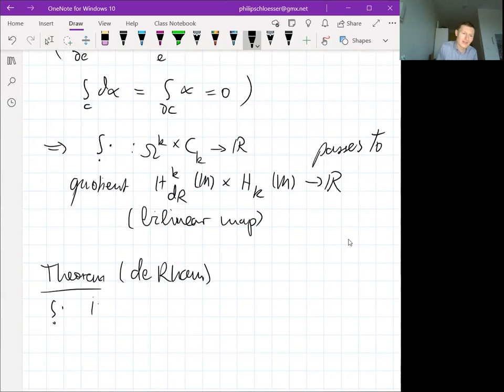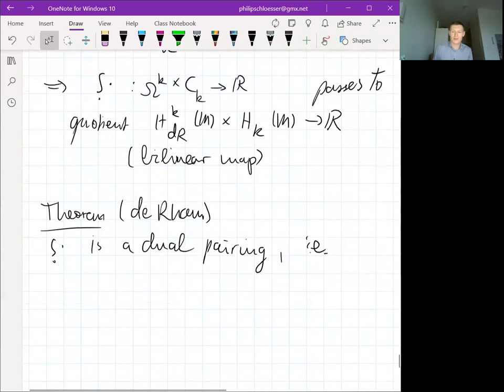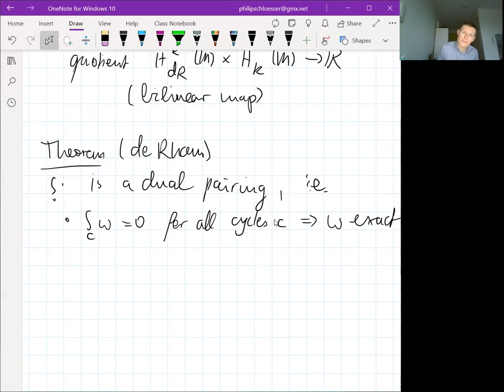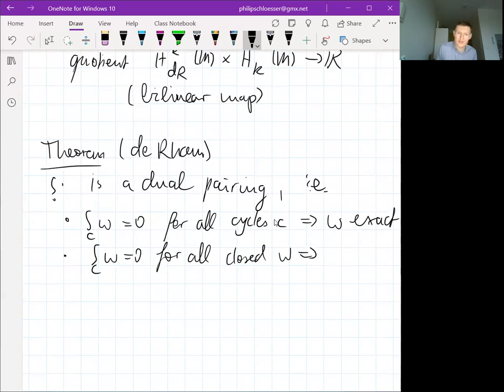The integral is a dual pairing, meaning that if we have this integral is 0 for all cycles C, that implies omega is exact, and this being 0 for all co-cycles, or for all closed forms omega, implies that C is a boundary.